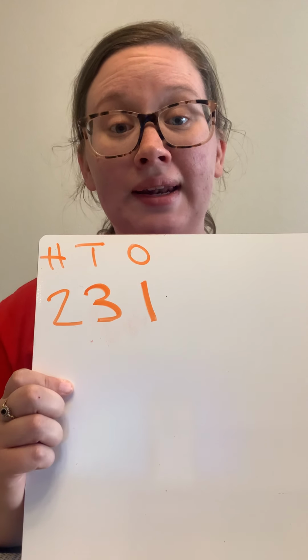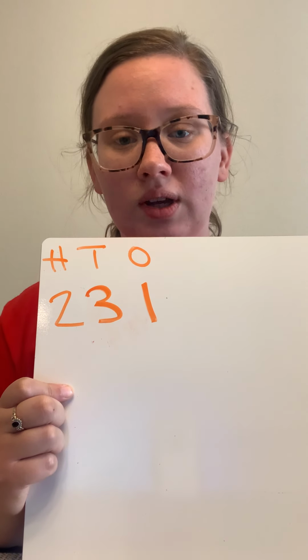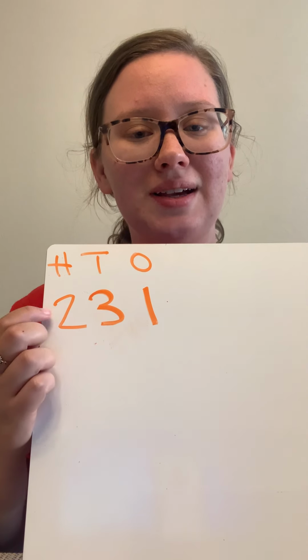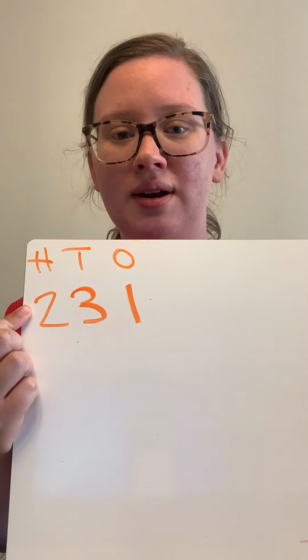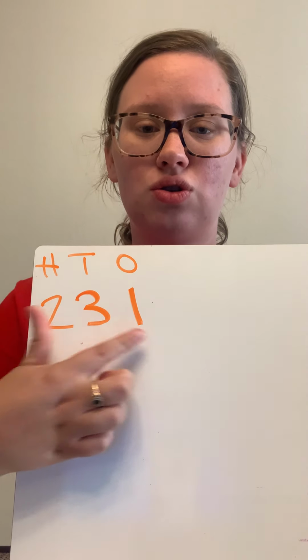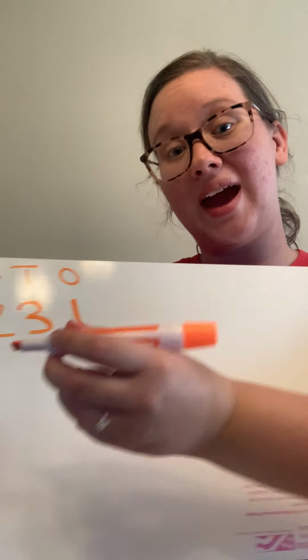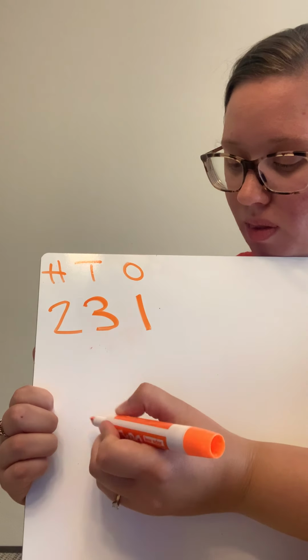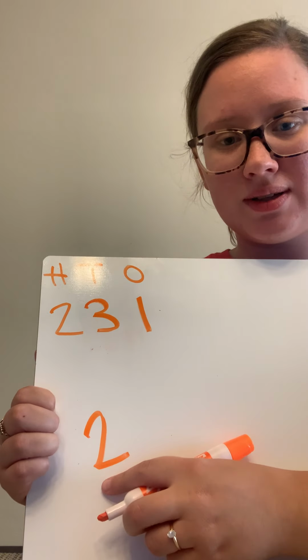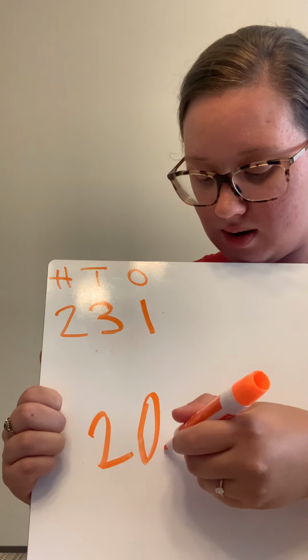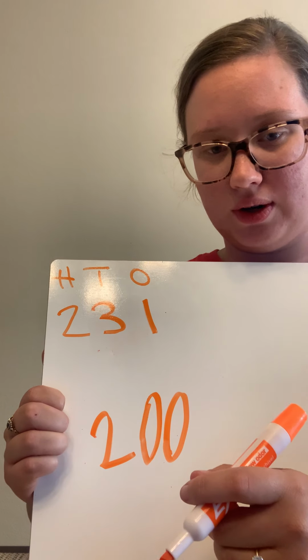In order to create expanded form, it doesn't matter which place value you do first, but I like to do my hundreds first. And whenever I have hundreds, it has 2 zeros behind it. So this 2, to create 200, this just represents 2. This represents 20. And this represents 200.